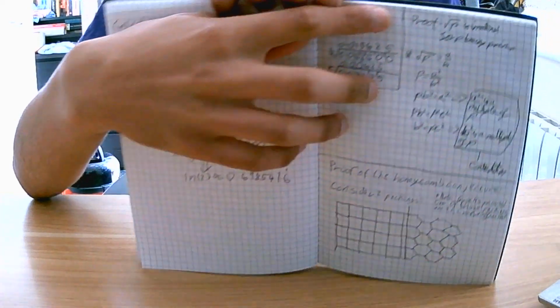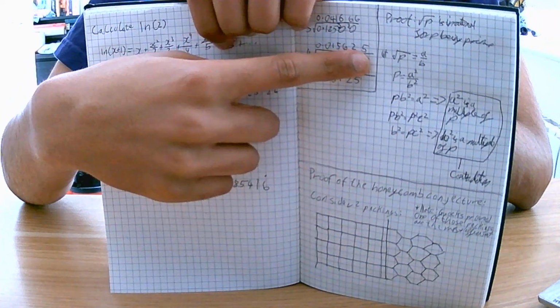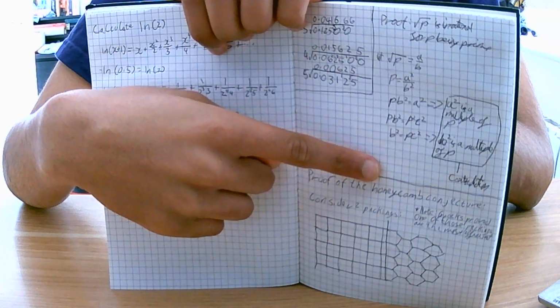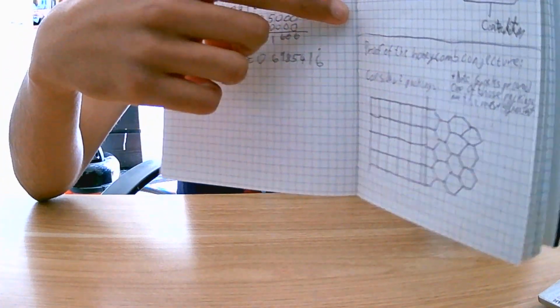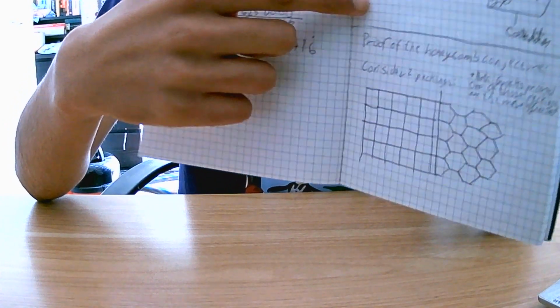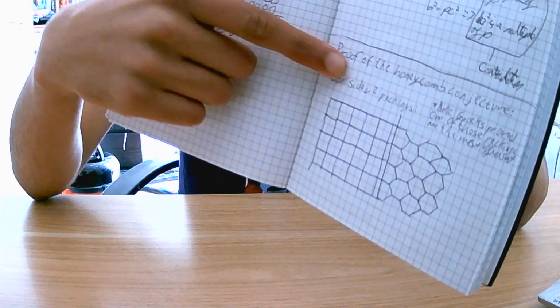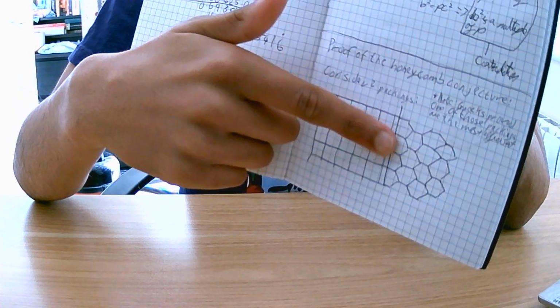Here I generalize the proof for root 2 earlier, so that it generalizes to all primes. And here I prove the honeycomb conjecture, saying that a hexagon must be the best possible shape.